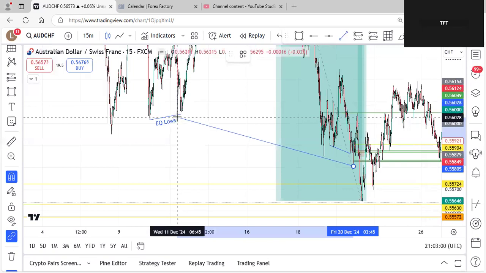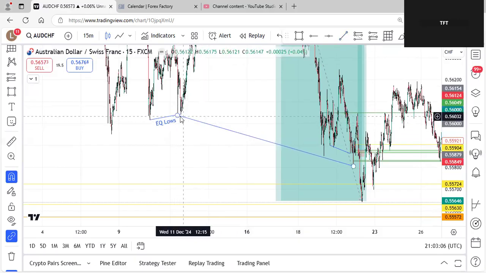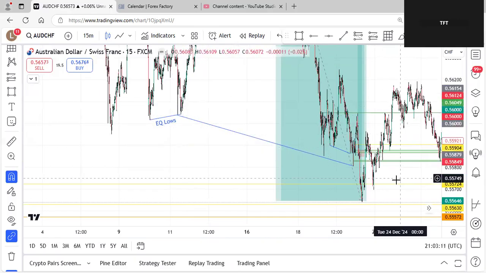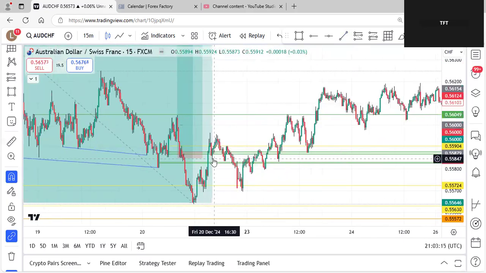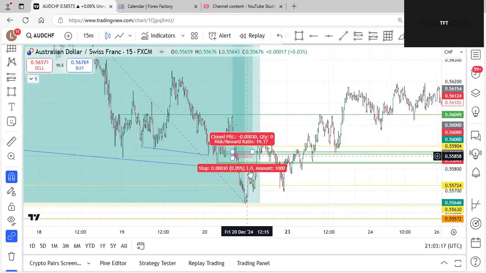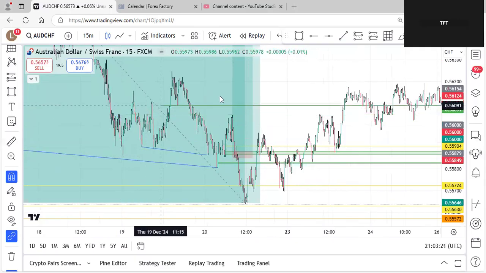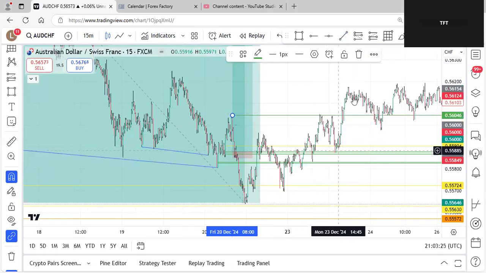Possible trend line sweep there as well. Trend line there, sweep. So come back into the zone again. 1 minute breaker structure above here, no doubt. Don't know why that one's there. 1 minute break here, possibly here.